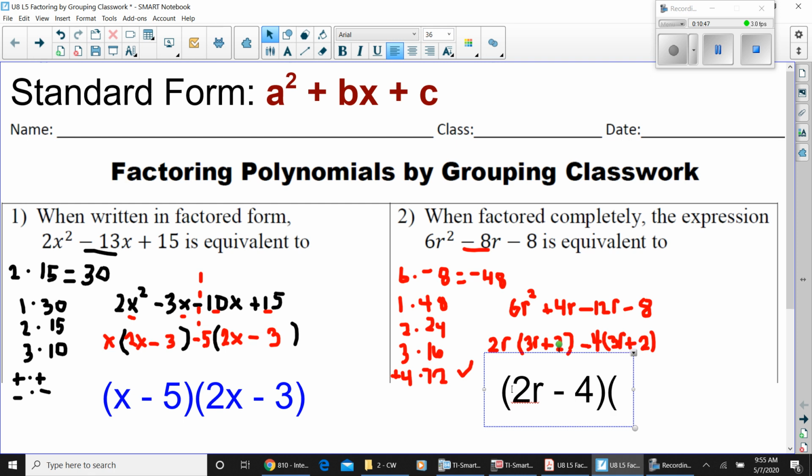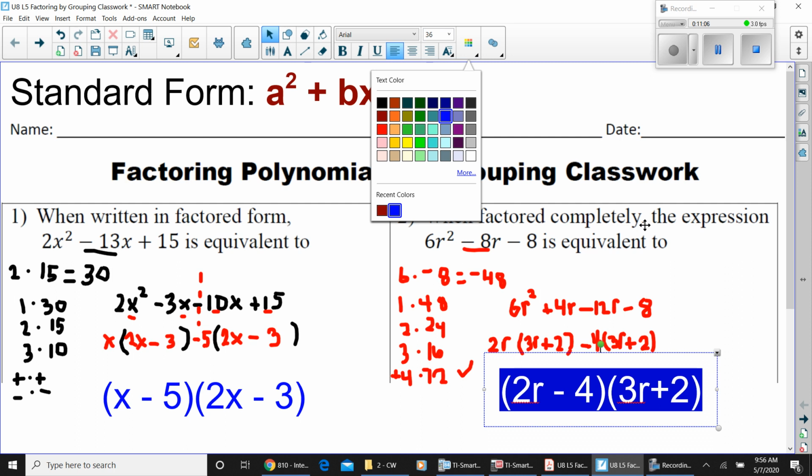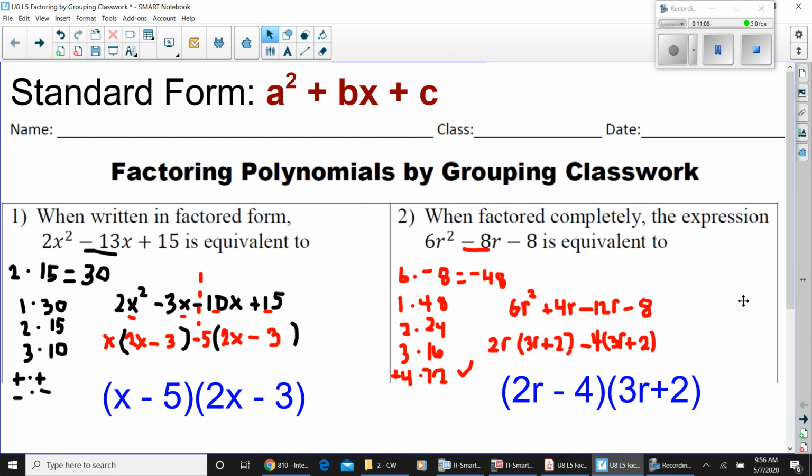And then you take the term inside the parenthesis and make it a binomial. That is your answer, and you are finished. Any questions with that one?